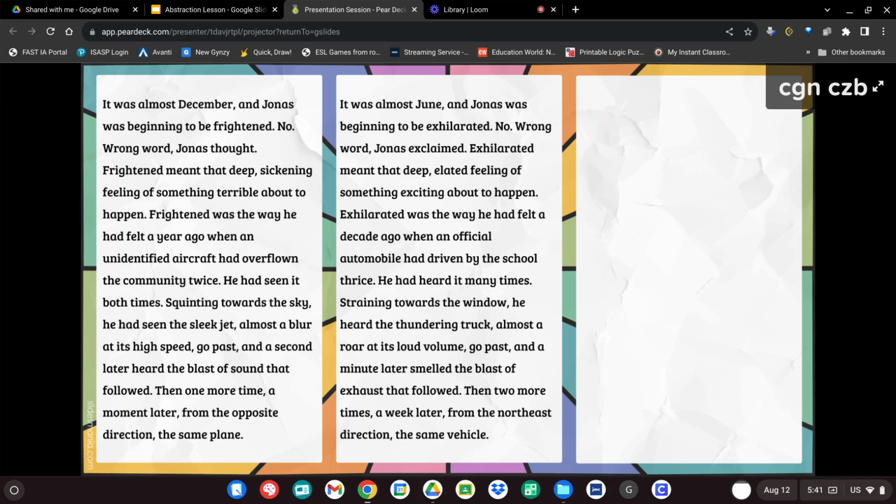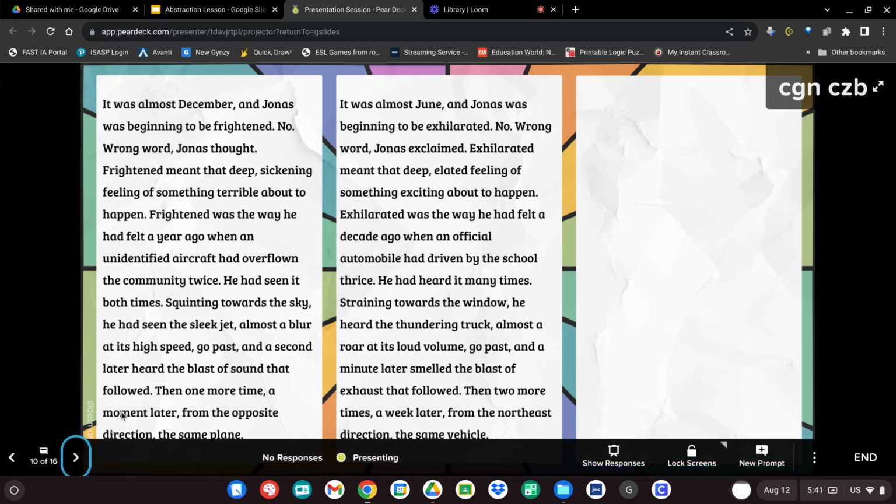And you're going to write your own version of this story. Now, you probably recognize this paragraph. It is the first paragraph of The Giver, or first couple paragraphs, actually, of The Giver. So you go ahead and do that. And I'll give you a moment.